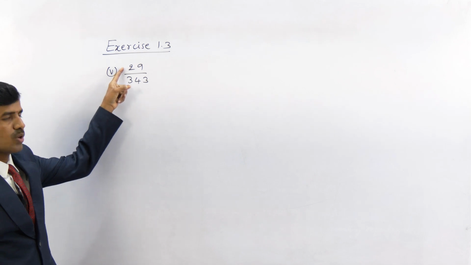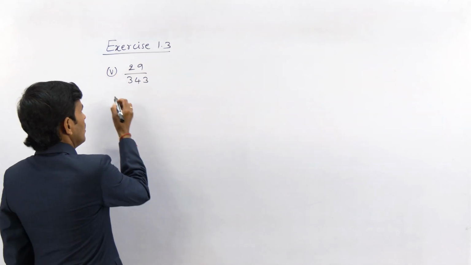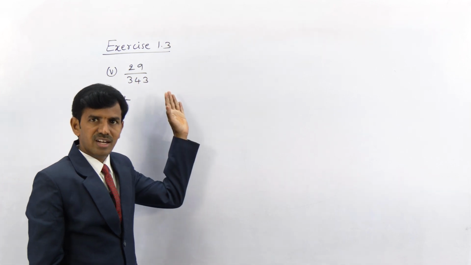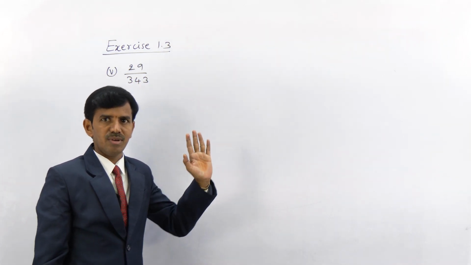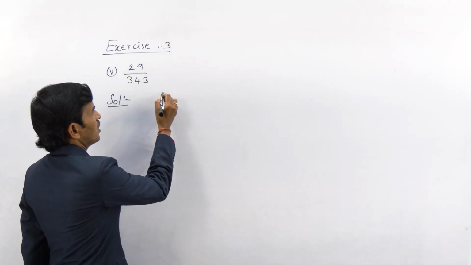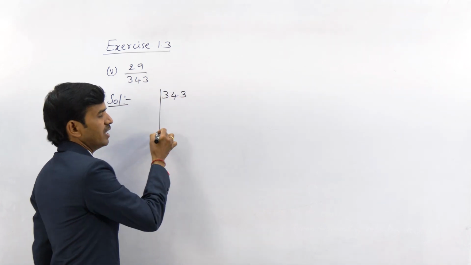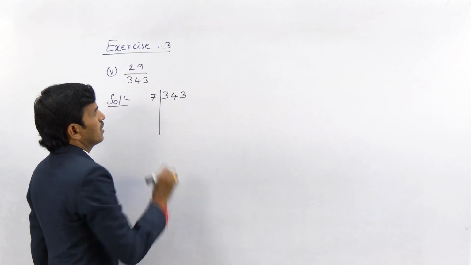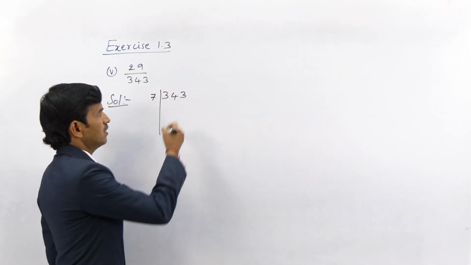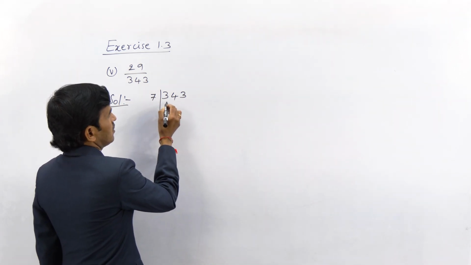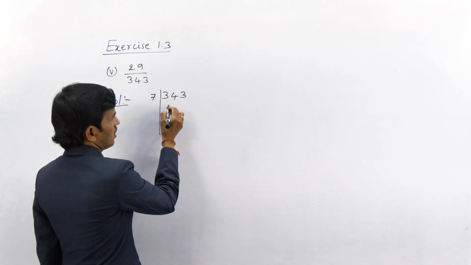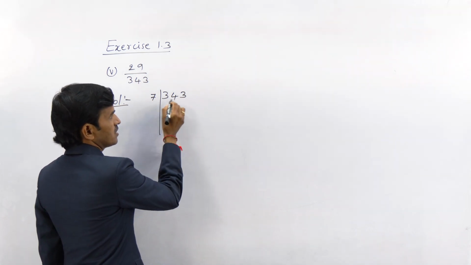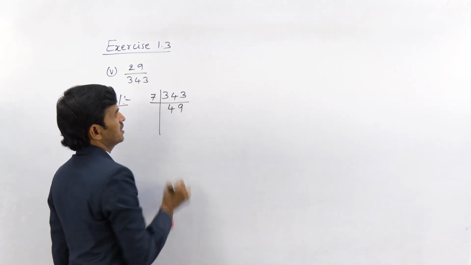Given rational number is 29 by 343. So let us find whether it is a terminating decimal or non-terminating repeating decimal, in which 343 let us consider and find its prime factors. It can be divisible by 7 as per the divisibility rule of 7. 7 4s are 28, left 63, 7 9s are 63.